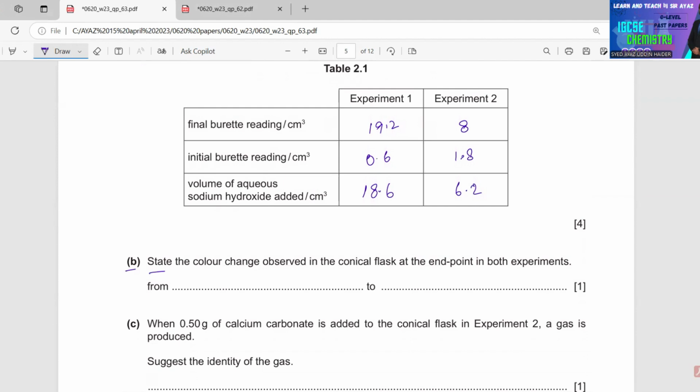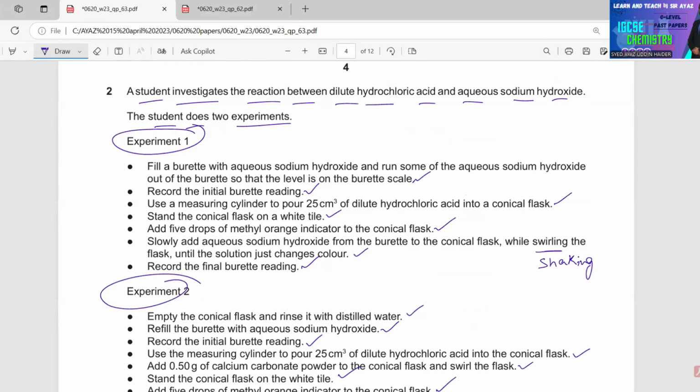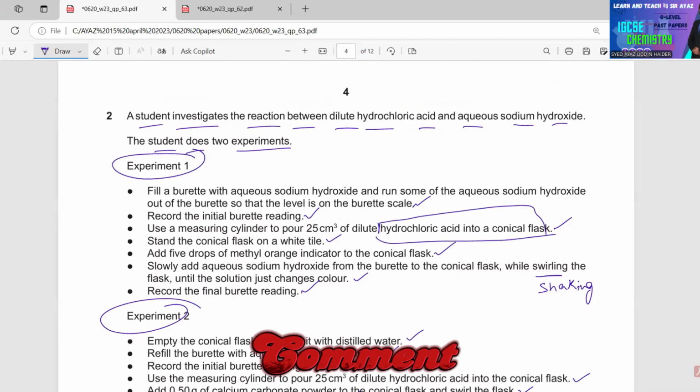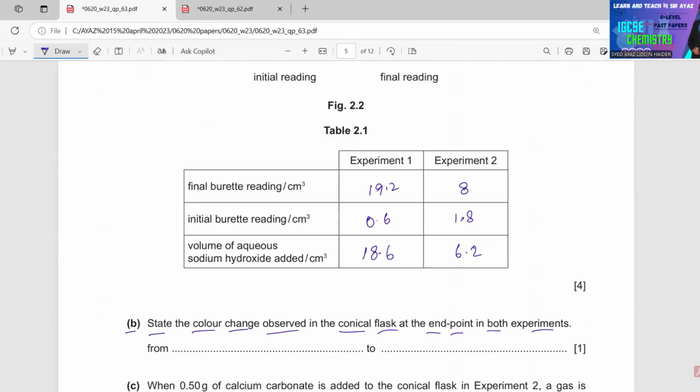B. State the color change observed in the conical flask at the end point in both experiments. Now, in the conical flask, we have taken hydrochloric acid, in both the experiments. So we have added aqueous sodium hydroxide into the conical flask.